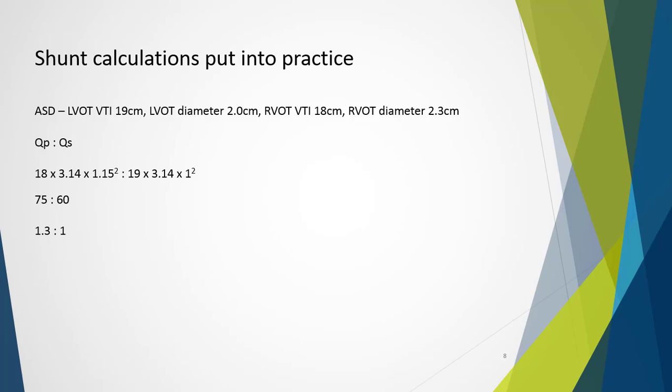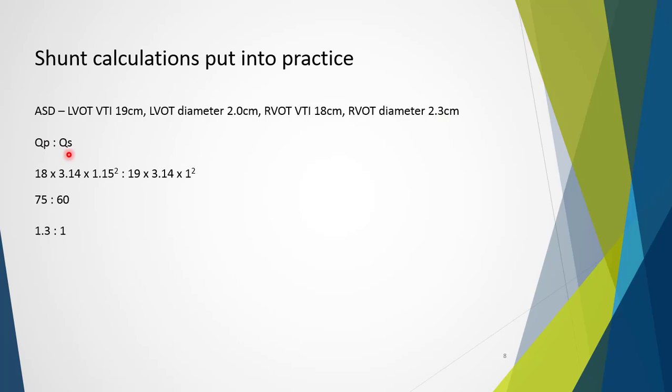So putting our calculations into practice, here we have an example of an ASD. Consider that the LVOT velocity time integral is 19 centimeters and the LVOT diameter was 2 centimeters. Then we put our sample volume into the right ventricular outflow tract and we measured a velocity time integral of 18 centimeters and a right ventricular outflow diameter of 2.3.